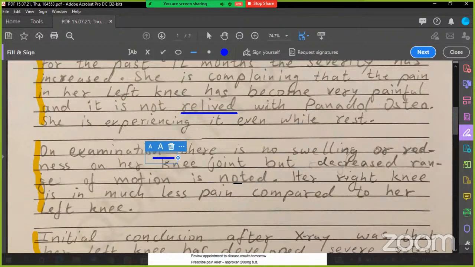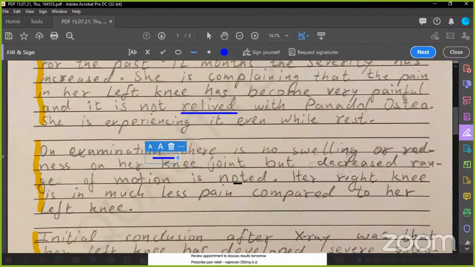So change it also into: on examination, swelling or redness on her knee joint were not present, were not noticed, were not found, but decreased range of motion is noted.